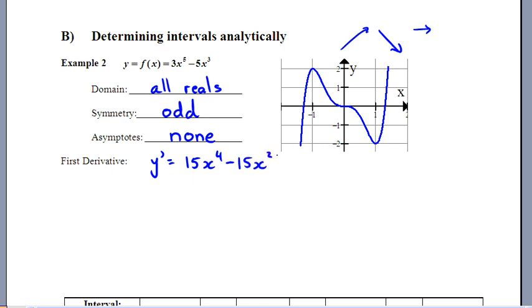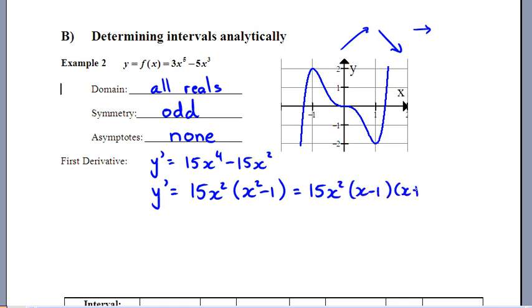And I'm really wondering, well, when is that derivative positive or negative, and when is it 0? So I want to do a little factoring perhaps. I could say, okay, that derivative could be rewritten as 15x squared, a little GCF factoring, and then an x squared minus 1. And that factors again. This could be 15x squared (x minus 1)(x plus 1).